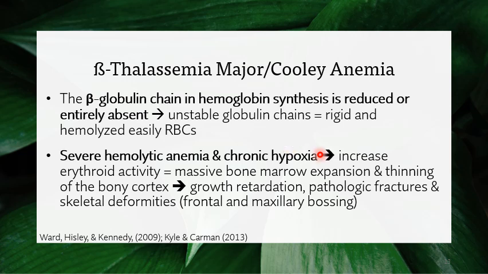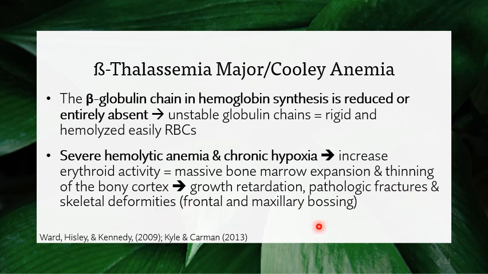The body also tries to make up for that by increasing the erythroid activity. So there is massive bone marrow expansion and thinning of the bony cortex. Every single bone is being asked to contribute more to make red blood cells. In the long term, there will be growth retardation, pathologic fractures, and even skeletal deformities.